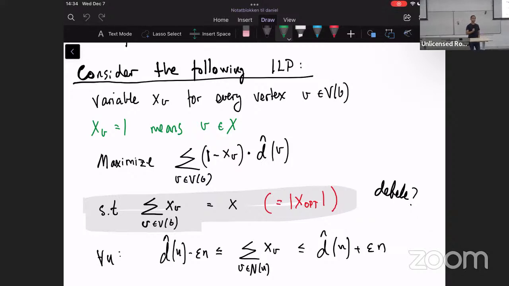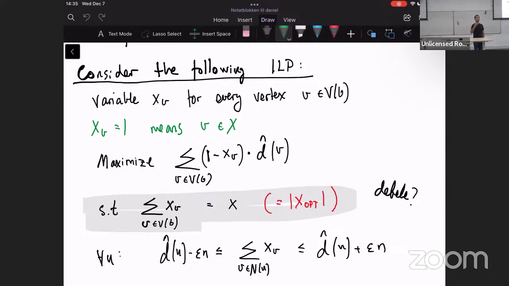There is a fairly low, but not too low, probability event that all of the vertices in our sample are actually in the optimum solution. If that happens, we can pretend that we're sampling the vertices from the optimum solution, which means we can use this sample in the way that I just described.